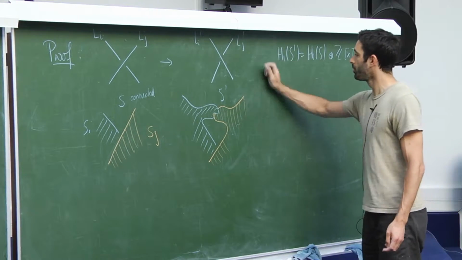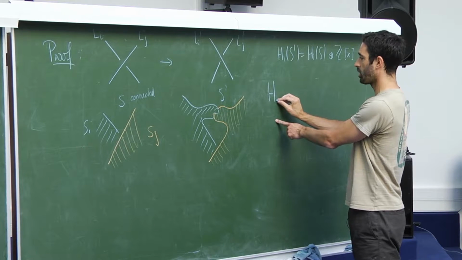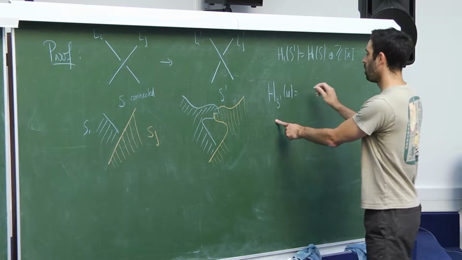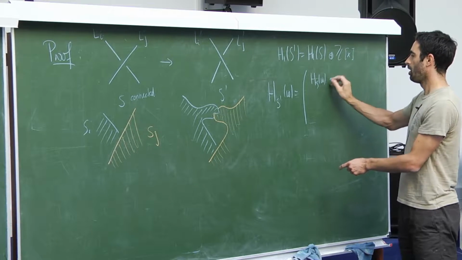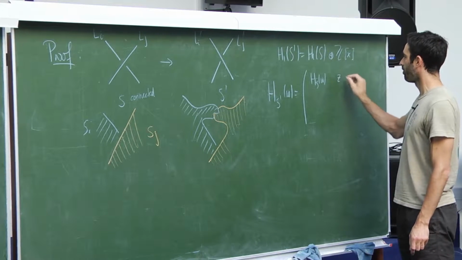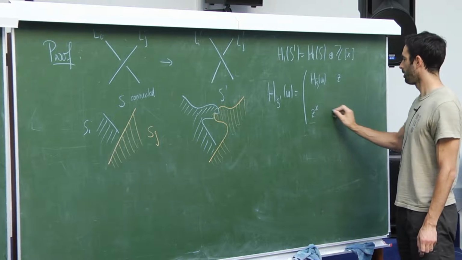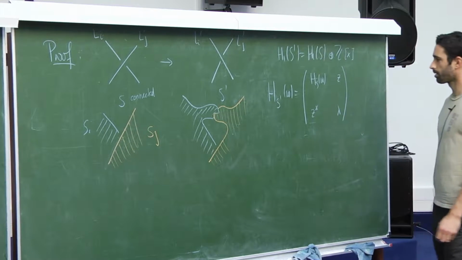And then you can compute, so the H_S prime of omega will be of the form H_S of omega, then some vector, some scalar, like that.